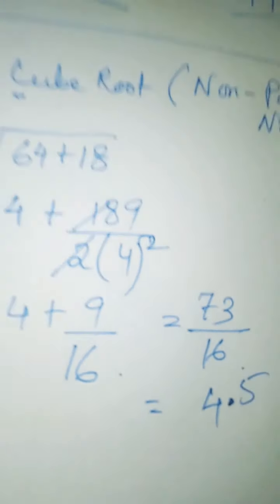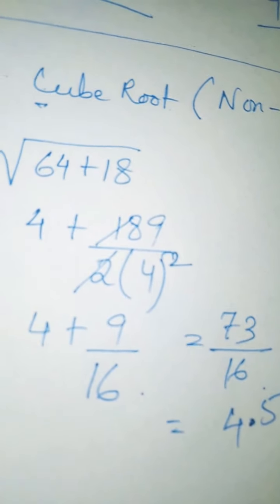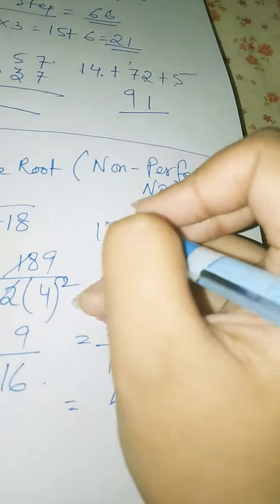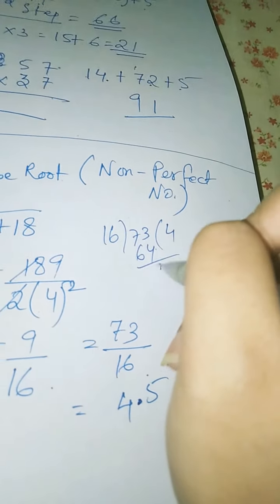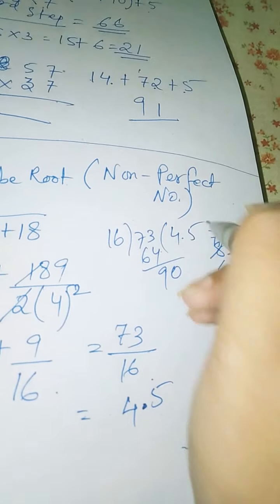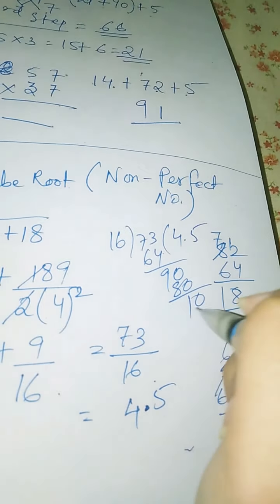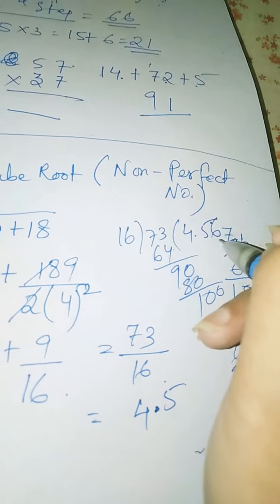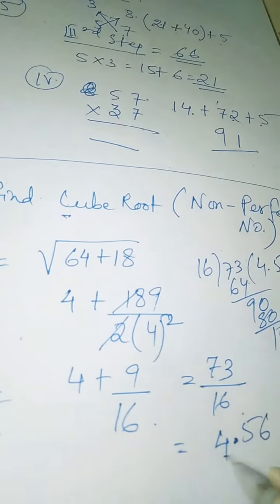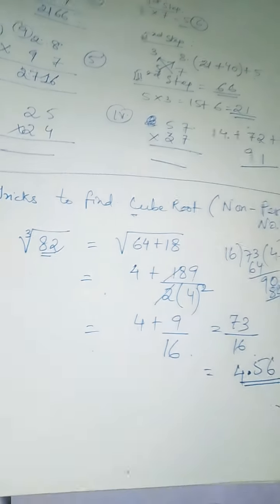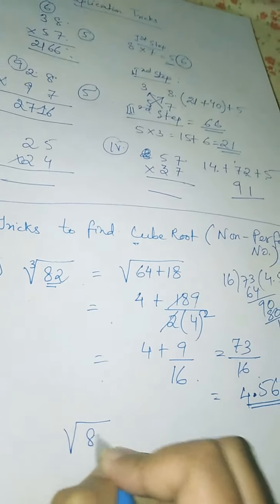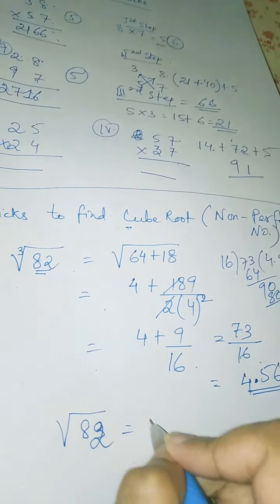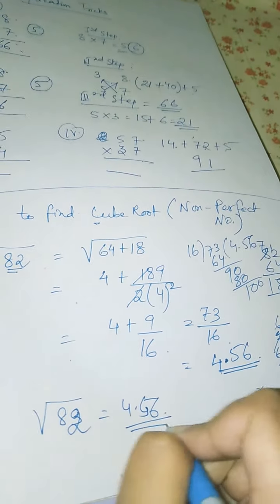So it is 4.5, 73, so it is 4.56. So I have got the cube root of a non-perfect cube number. So the cube root of 82 is 4.56. This is my answer.